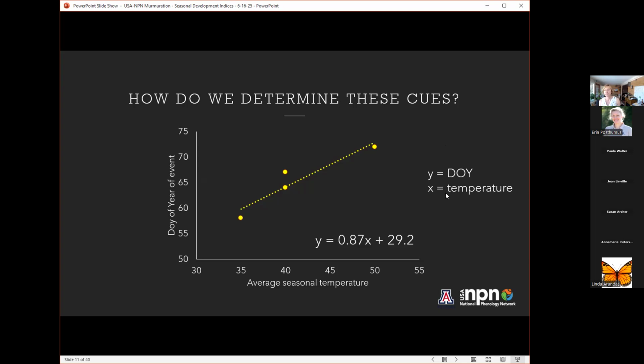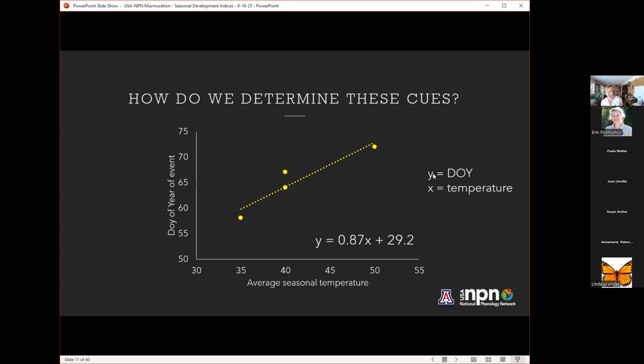Meaning that if this were a real world example that actually made any sense, and if this was your location and this was your crawlers, this was your data, then next year, when you were keeping track of the temperature, if you experienced an average seasonal temperature of 45 degrees, then you can pop over here and look at this line of best fit and say, okay, 45 degrees means that the guys are going to happen about day 68.